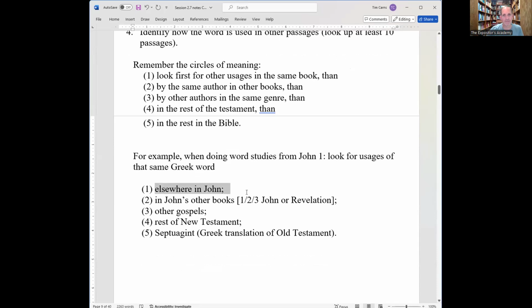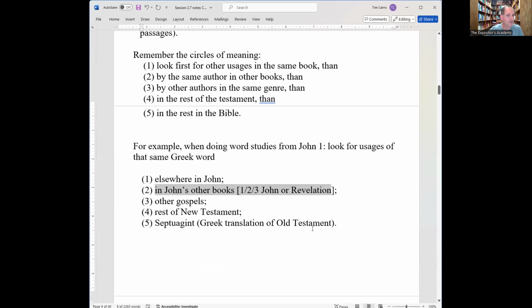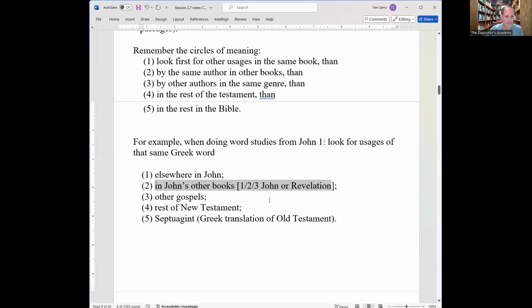Then, is that word used anywhere else in John's other books, that would be 1st, 2nd, or 3rd John, or the book of Revelation? Did John use that word in those books? Then you're going to want to look up how the word is used in other books of the same genre, so other gospels. Do you find that word used by other authors, Matthew, Mark, or Luke?